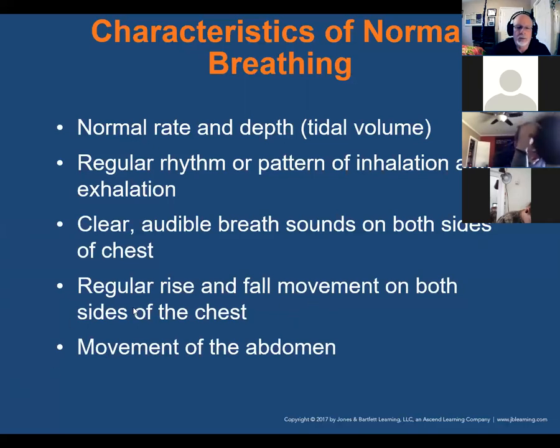Then we go on to look for the rise and fall movement of the chest. Is it symmetric? Do we have equal rise and fall of each side of the chest? So maybe the person has gotten stabbed in the chest and air is accumulating in that side of the chest, so that when they inhale, the air only moves into one side of the chest.